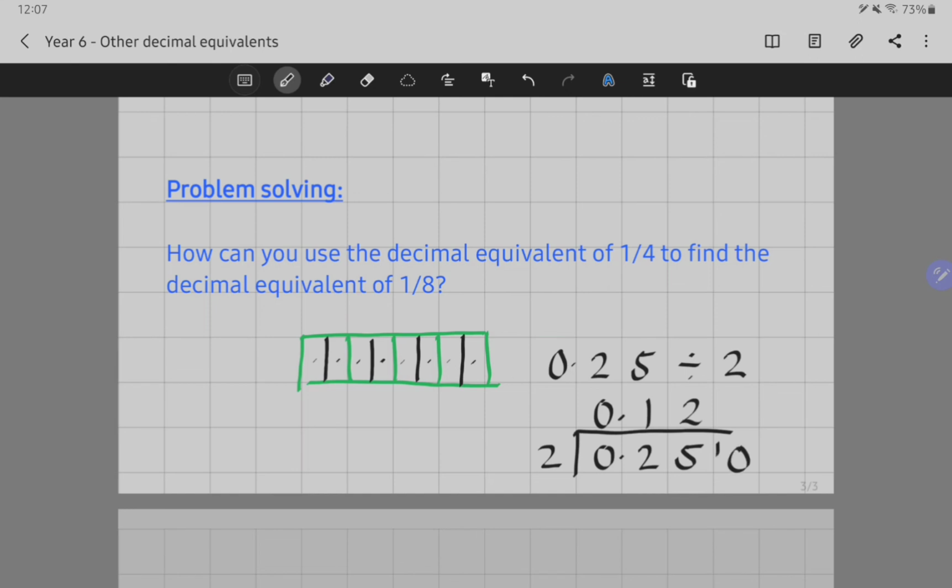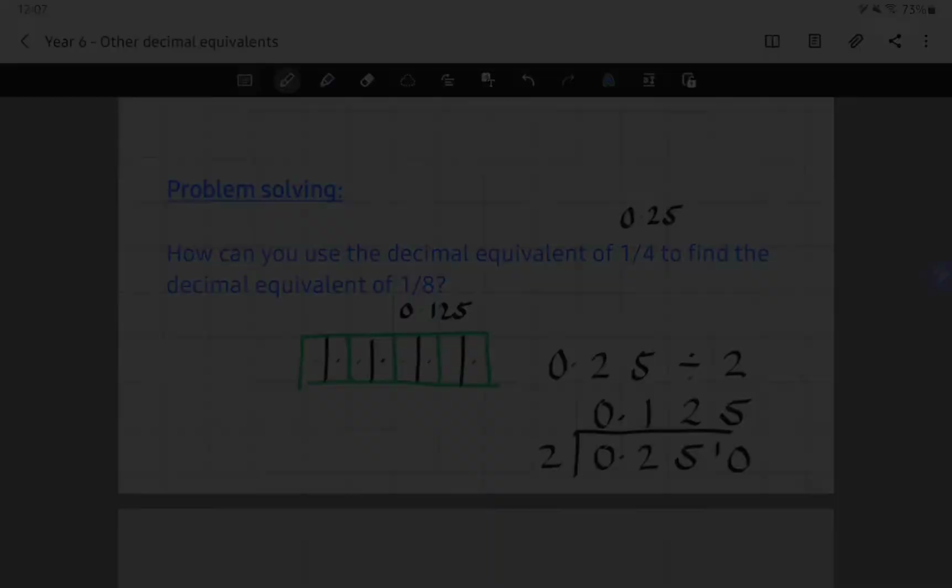Remember there would be a 0 in that column. 2 into 10 goes 5 times. 0.125. Well done if you managed that. So a quarter is 0.25, whereas an eighth is 0.125. Half the amount, because 1/8 is half as big as 1/4. Well done if you had a go at that one.